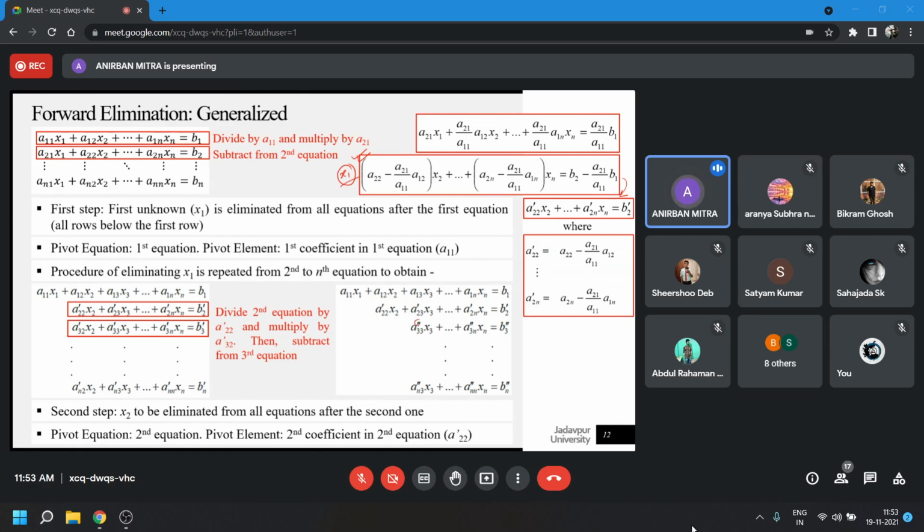Notice that there are two dashes present in this equation. Why two dashes? Because these coefficients have gone through two forward elimination steps. So the next steps of forward elimination would be conducted by using the third equation as a pivot equation and so on.